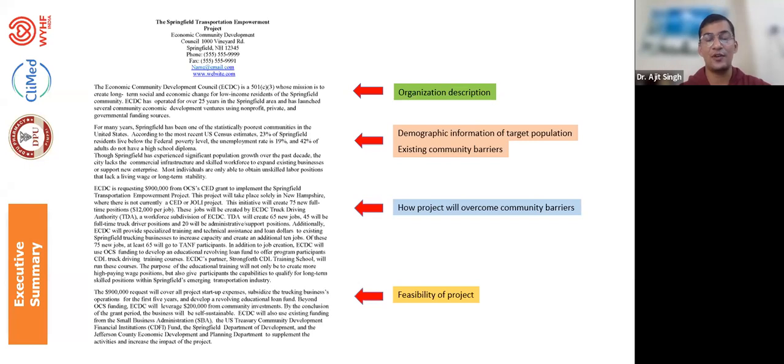Write about your organization description, only relevant description. In the feasibility you can write those descriptions, but in 1 or 2 lines you can introduce your organization in the first paragraph. Then the second paragraph, demographic information and the target population, the third paragraph, existing community barriers, then the fourth paragraph, how the project will overcome these community barriers, and then the feasibility of the project.